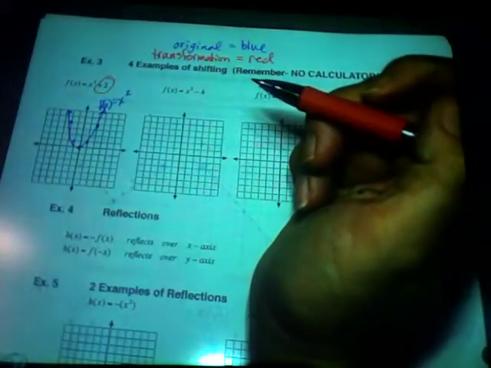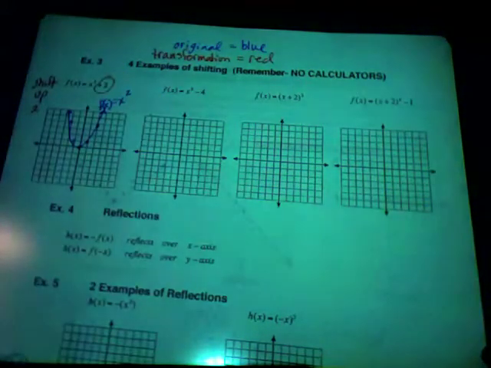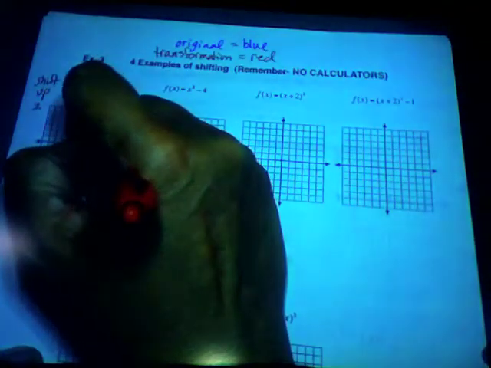Now, what shift is going to occur with the +2 outside? Is it going to go up, down, right, or left? So we are going to shift up 2. So every point that I just put here, I'm just going to manually shift each one of them up 2. You can plug it into here and figure it out that way, but it's really a lot quicker just to manually shift every point up 2.